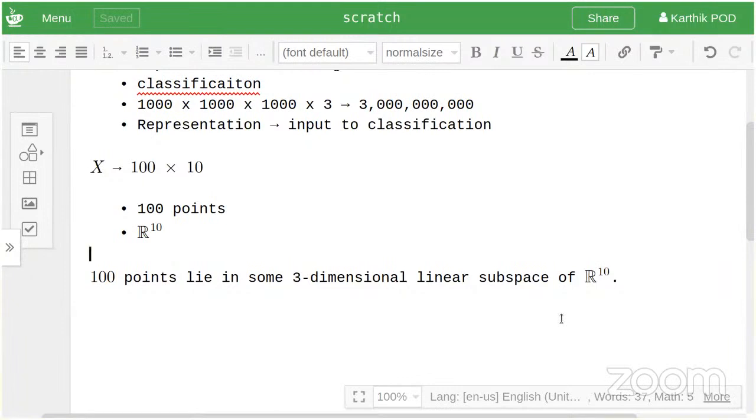So the rows will lie in a three-dimensional subspace. The dimension of the row space is 3, and because the row rank is the same as the column rank, I can also say that the columns of the data matrix will also have dimension 3, the span of the columns.